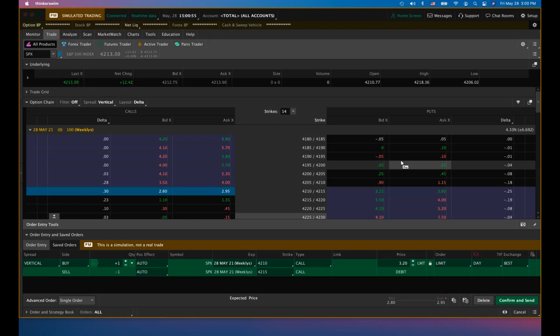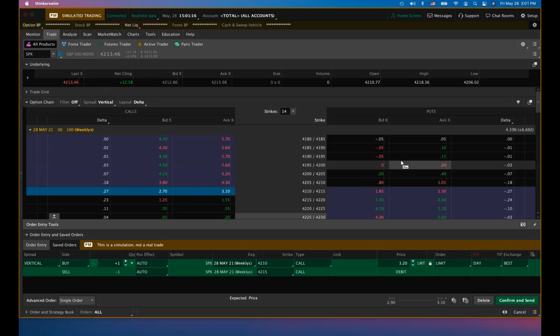So some guidelines on debit spreads: try and go at least 2 weeks out, no less than 2 weeks out. The further you get out, the better for you on debit spreads, right? On debit spreads, you're also not looking for decay, for theta to work against you.